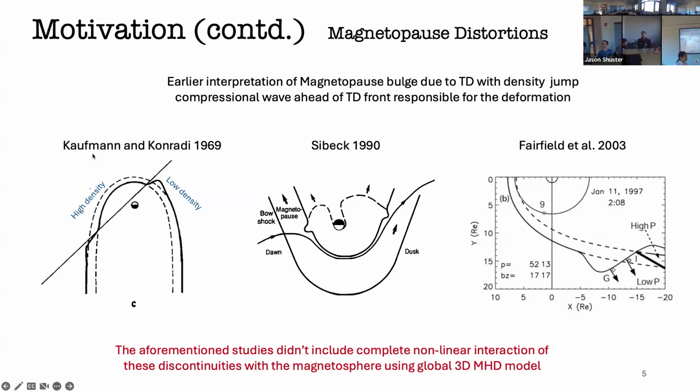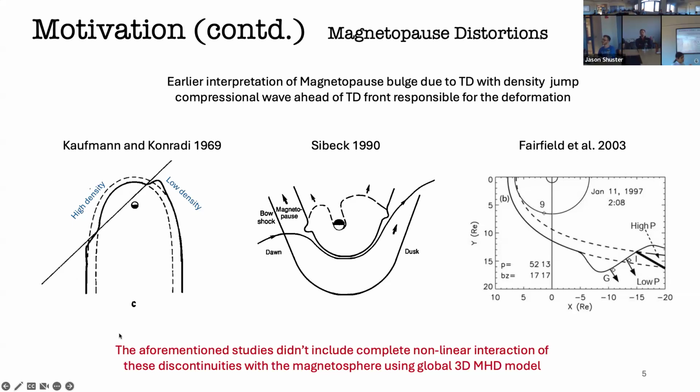In 1969, even before the study of Wolfe and Dyer in 1974, Kaufmann and Konradi presented results that if a strong high density discontinuity impacts the magnetopause, it could lead to bulging in the magnetopause.